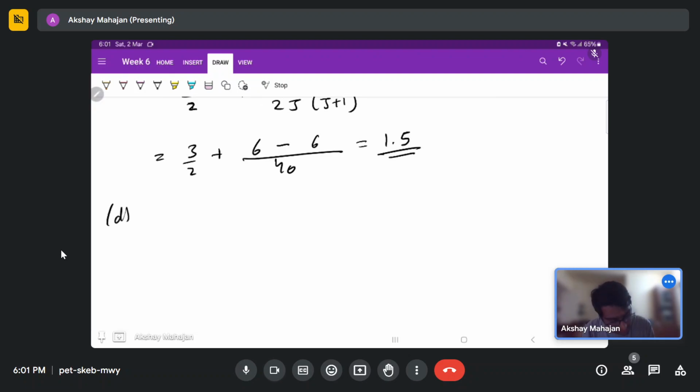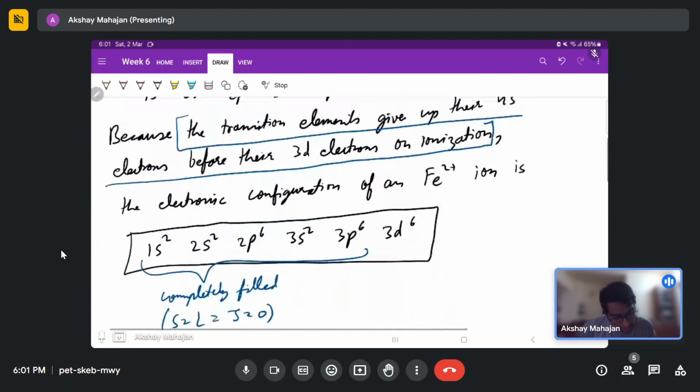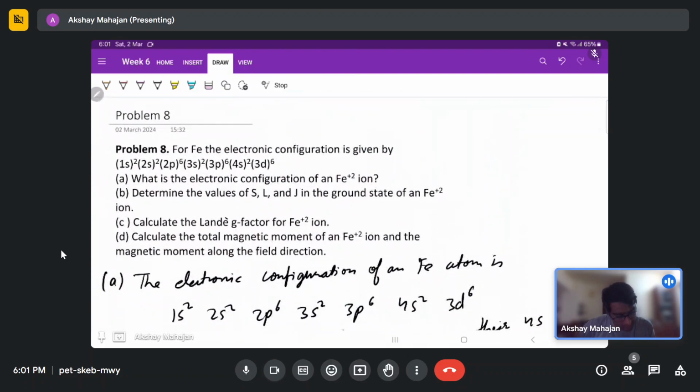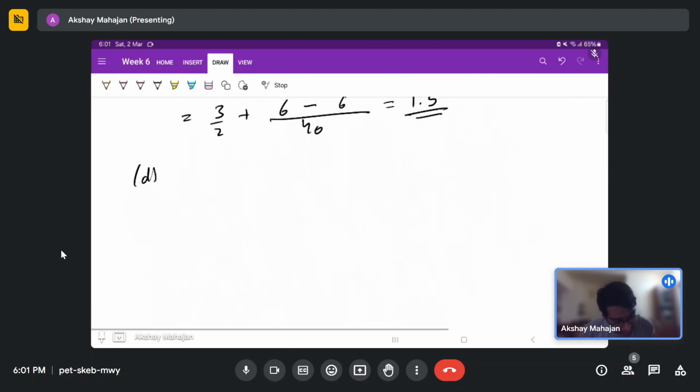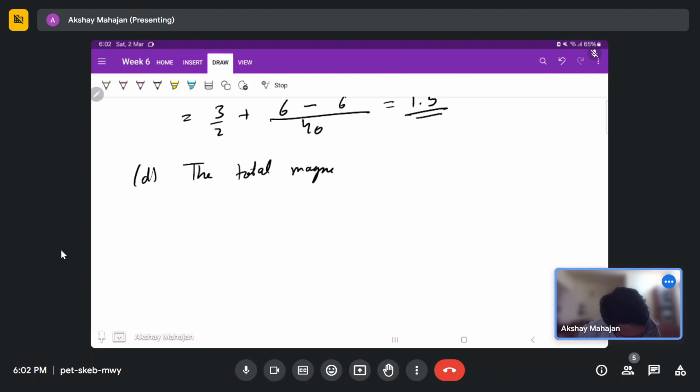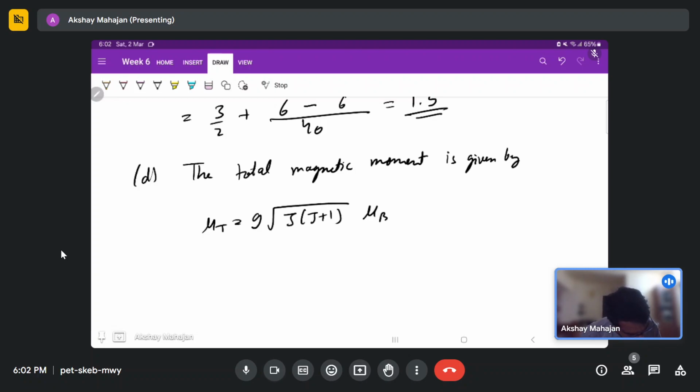Okay, so this was our part C, and part D is we have to calculate again the total magnetic moment of an Fe2+ ion and the magnetic moment along the field direction. So we have seen the total magnetic moment is given by mu_t is equal to g under root of J into J plus 1 times mu_B.